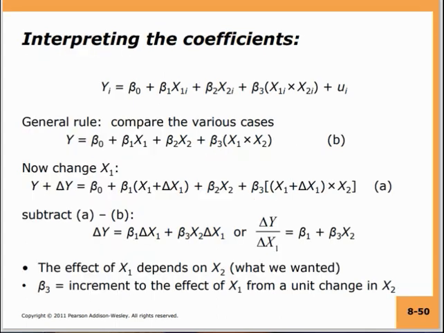Okay, so again, if you look at the various cases, what happens when x1 changes by delta x1? So y changes by delta y, but x2 is kept constant at whatever the original value of x2 was. So you get beta 0 plus beta 1 times (x1 plus delta x1) plus beta 2 x2.